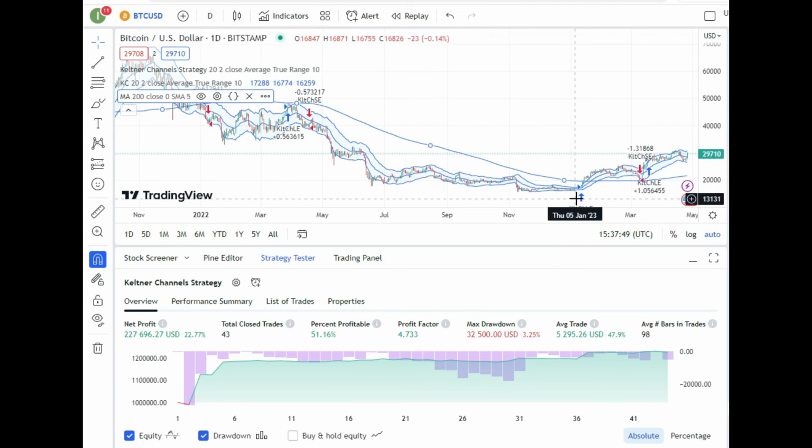For example, here we have a bullish trend, and very soon we are above this line, and then we have a profitable trade. So one of the ways that you can avoid false trades is to add the 200 moving average as a filter, and you can buy only if the price is above the 200 moving average and sell if price is below the 200 moving average.